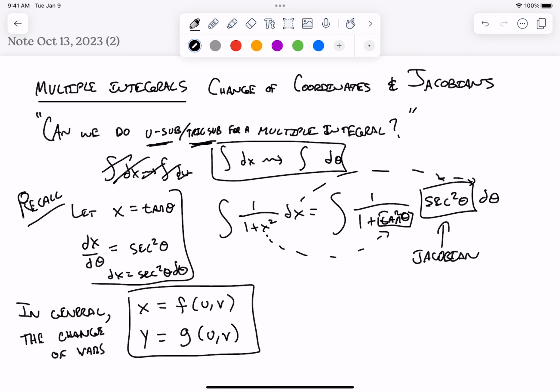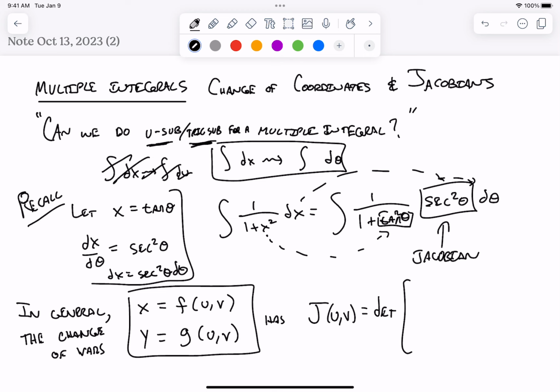This change of variables corresponds to what? The Jacobian, which is going to be some function of u and v. It could be constant, but in general it's a function of u and v.